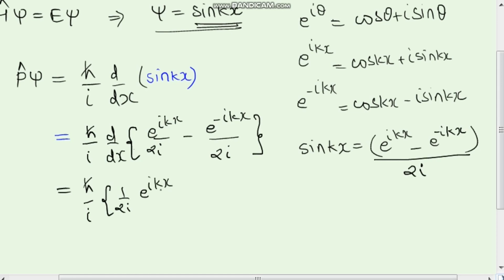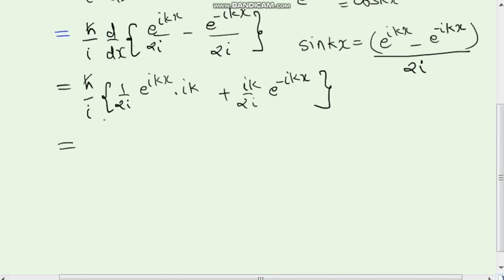Then differentiation of i kx means i k, minus 1 by 2i as it is, and then differentiation of this is going to get you a minus ik. So it's going to be plus, and I'm going to write minus ik and e to the power minus ikx back again. Okay, now let's separate our original function. So you are going to get h cross by i.